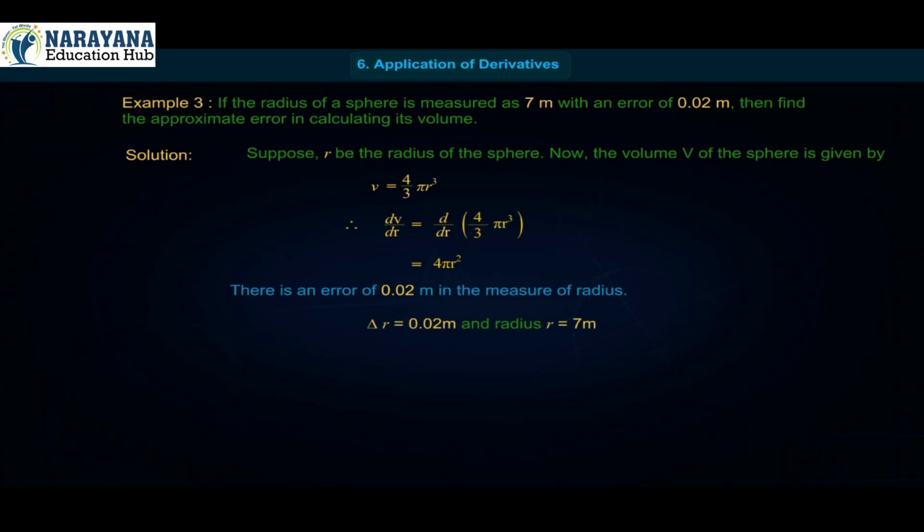Delta r is equal to 0.02 meter and radius r is equal to 7 meter. Approximate error in calculating the volume of the sphere, delta V, is equal to dV/dr into delta r, is equal to 4 pi r square into delta r, is equal to 4 pi into 7 square into 0.02, is equal to 3.92 pi meter cube.